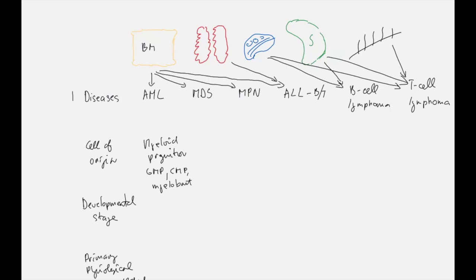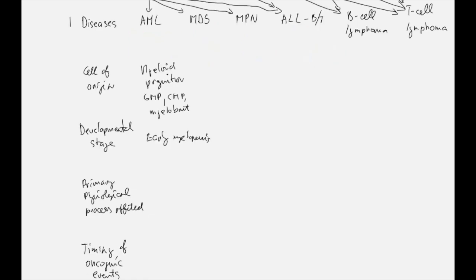So what's the development stage? It's the early myelopoiesis. So early, at the beginning, but not so high. So that's AML. And how is it with the primary physiological process affected? Well, it's the differentiation, proliferation, and epigenetic regulation.